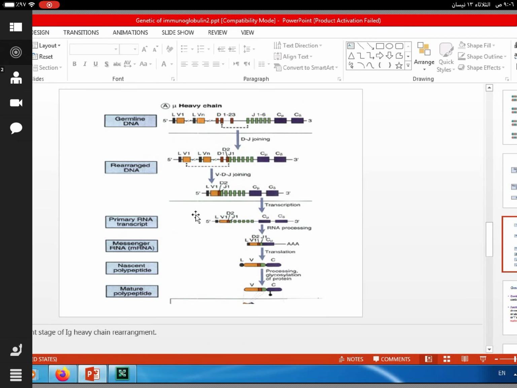In this figure, we can see different stages of immunoglobulin heavy chain gene rearrangement, V, D, and J. In the first step, D joins to J segment, and then V, D, J. And finally, primary RNA transcript, messenger RNA, nascent polypeptide, and finally mature polypeptide.